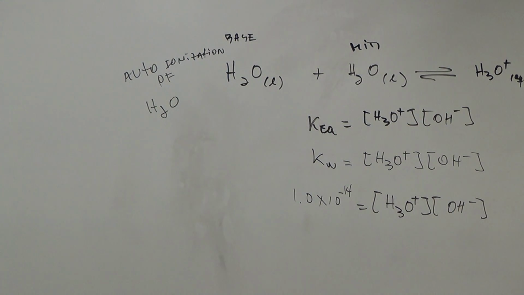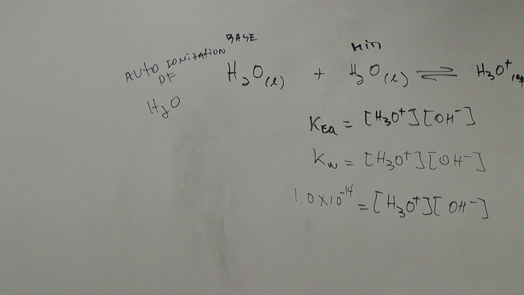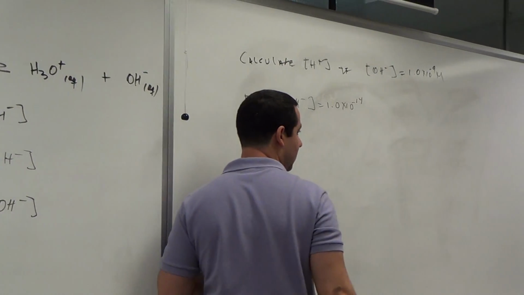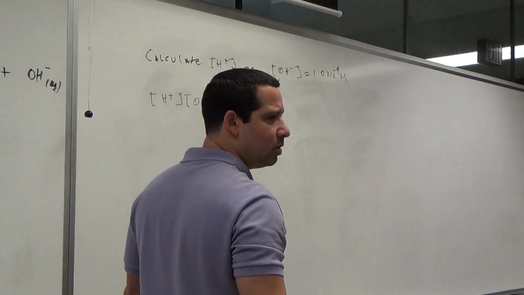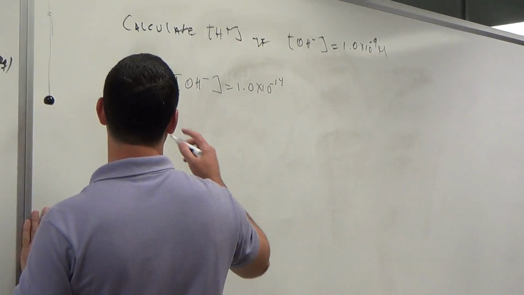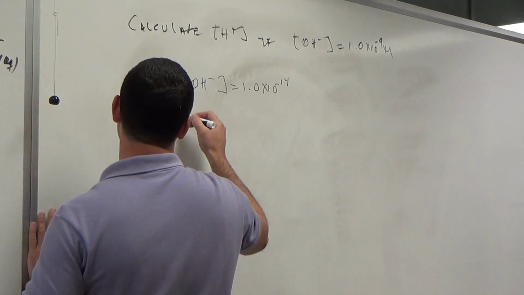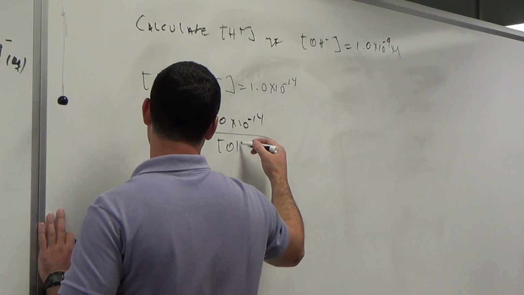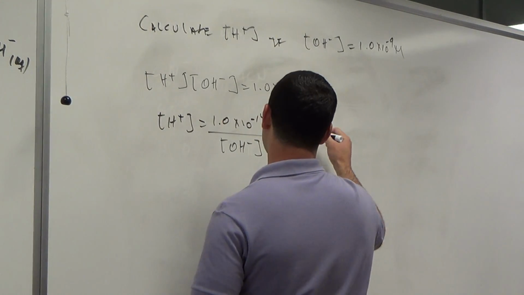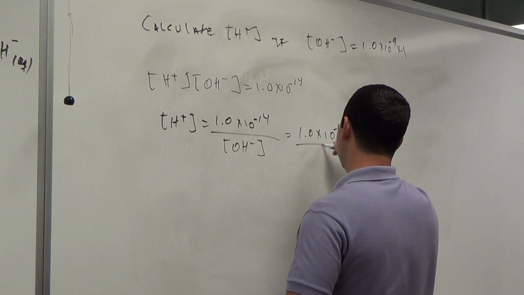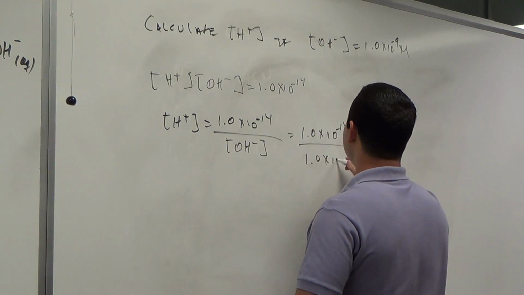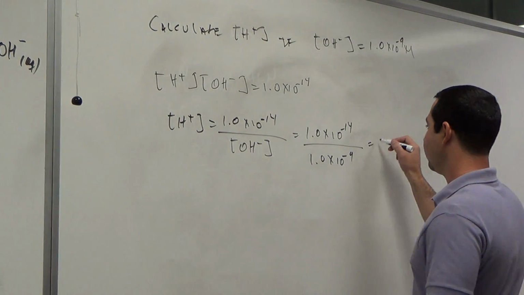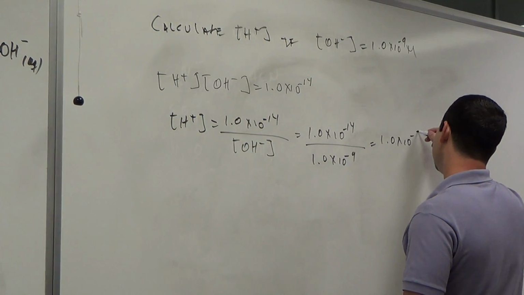So, this is how it is. Concentration of H plus times concentration of OH minus is 1.0 times 10 to the minus 14. You learned this in biology, didn't you? No, you never took biology. I am solving for H plus, so it is 1.0 times 10 to the minus 14 divided by OH minus, which is 1.0 times 10 to the minus 9. What does that give you? 1.0 times 10 to the negative 5.